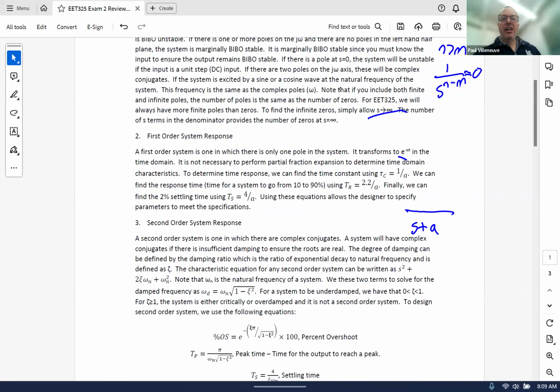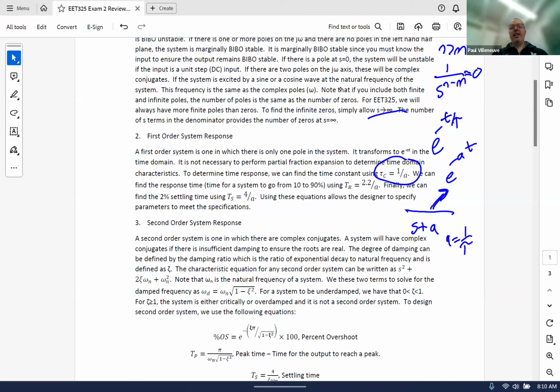We can find our time constant by inverting the A, 1 divided by A, because we know that this in the time domain becomes e to the minus a t, but our time domain approach is e to the minus t over tau. So if we do some math, we see that A is equal to 1 over tau. That's how we can solve for our time constant by using that value of A.